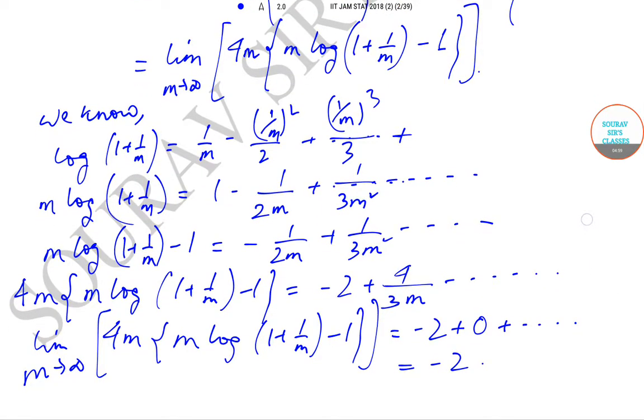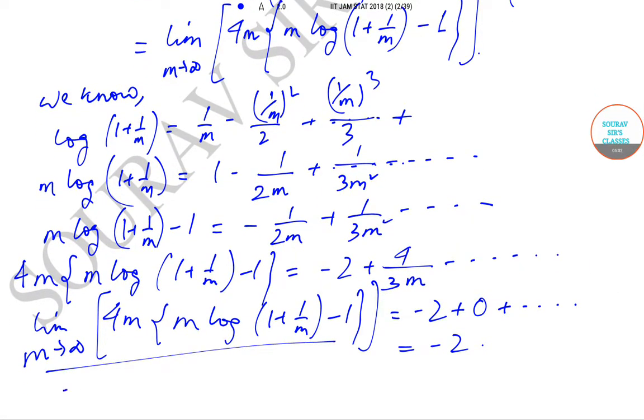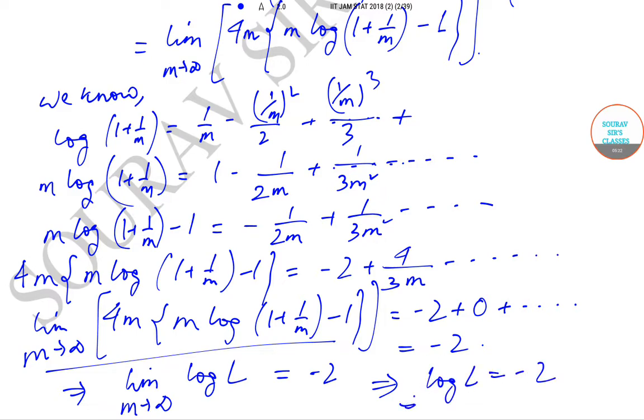So basically the limit of log L as m tends to infinity is equal to −2. So log L is equal to −2, and this gives us that L is equal to e^(−2), which is option A.